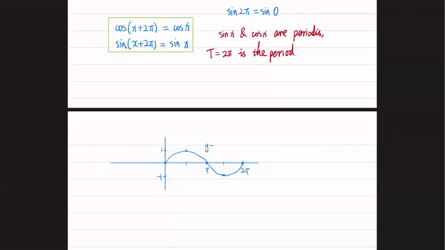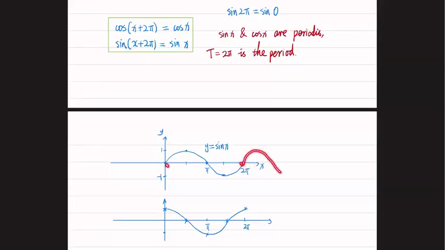This is sine x. So these are the graphs over one period from 0 to 2 pi. Then it's periodic, so it repeats.